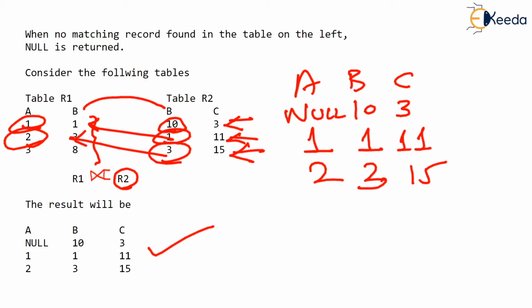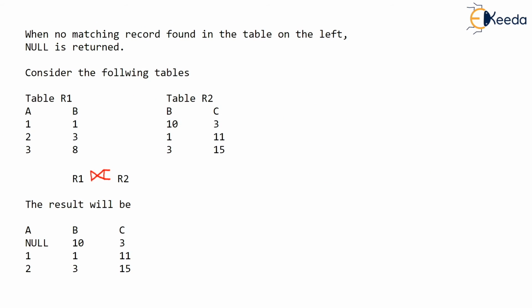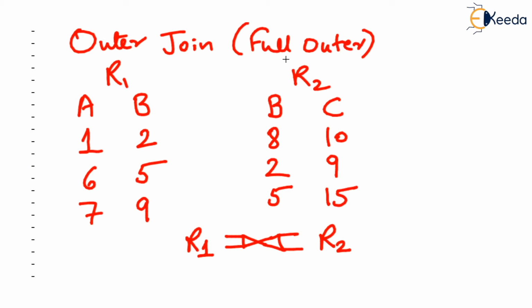That's right outer join. Now let's try to understand what is full outer join. By the way, I hope you must have understood by now what is full outer join. The symbol to show the full outer join is this, as shown here at the bottom, R1 full outer join R2.